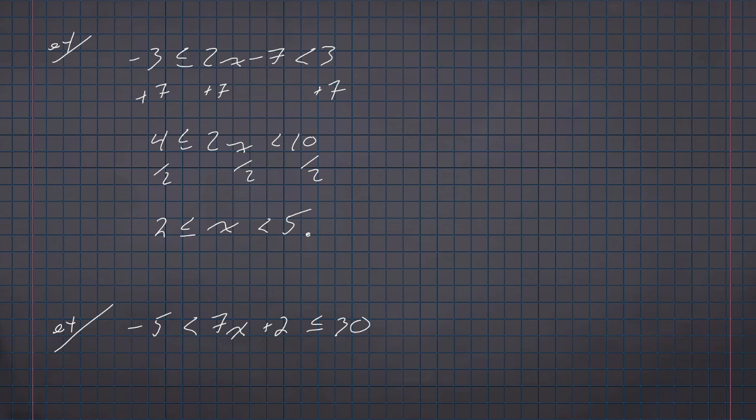I would like you to take a look at -5 is less than 7x plus 2 is less than or equal to 30. Just as a quick warm-up to make sure you remember how to solve three-piece inequalities, take a few minutes, write out the solution to that one, and I'll see you in the next video.